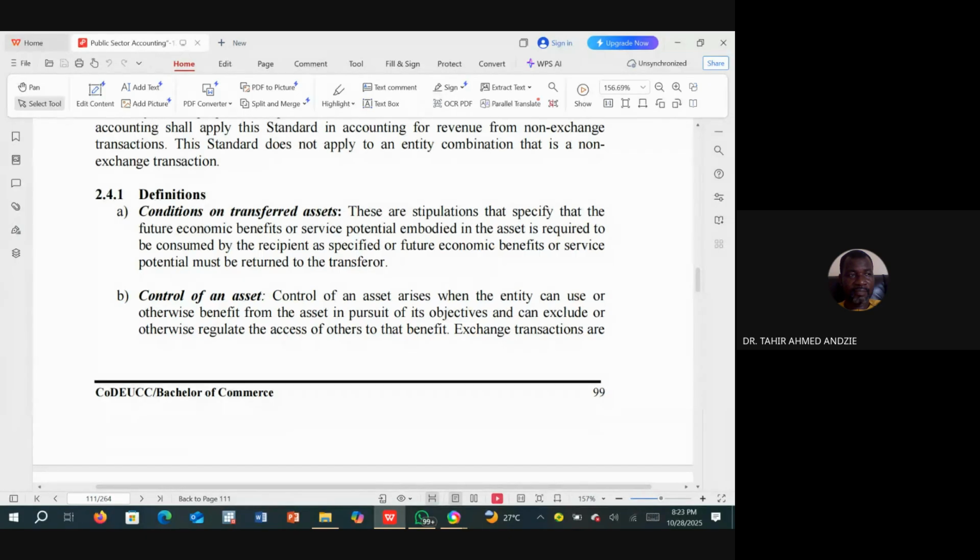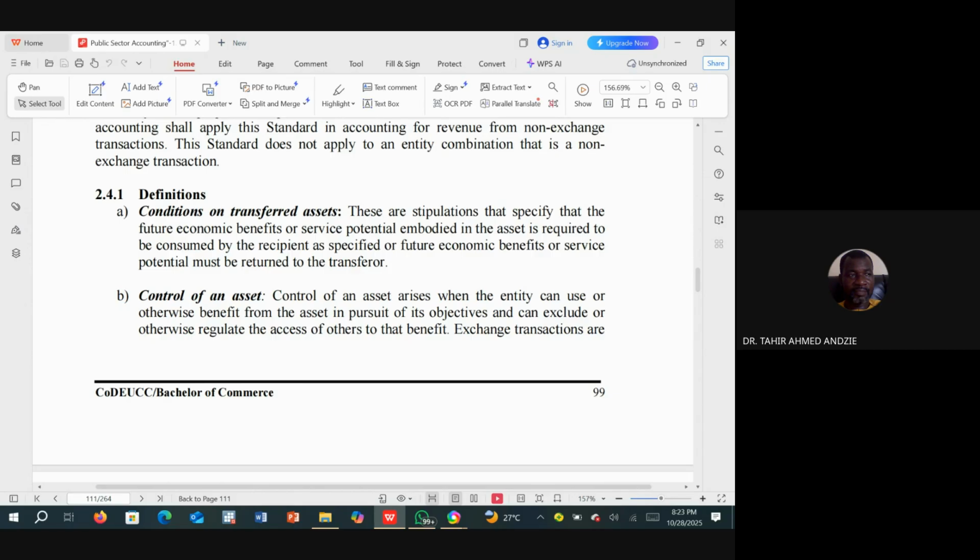You see, most of the time we have foreign entities or foreign donors giving us certain assets, and they come with conditions.